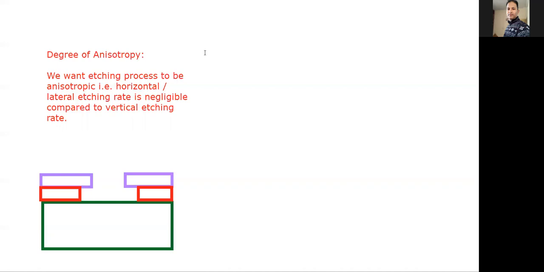So how do we know up to what degree our etching is anisotropic or not? For that, we define a parameter, which is called the degree of anisotropy. This parameter is basically called A sub f.